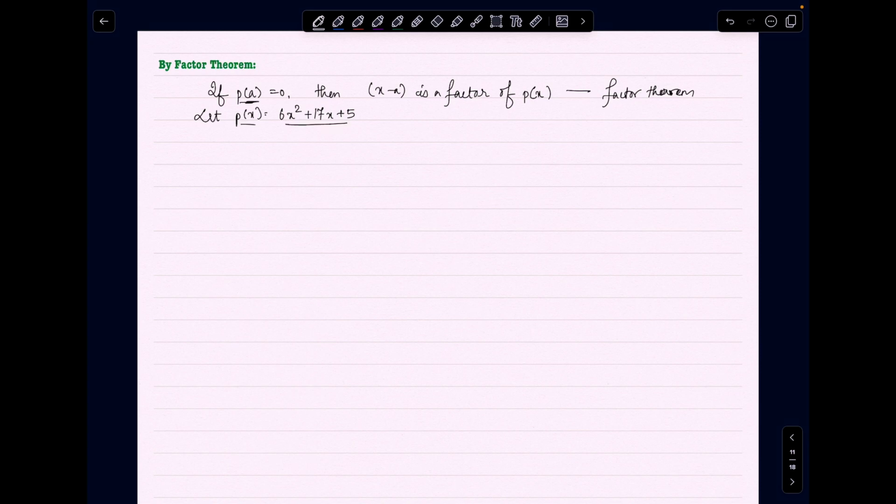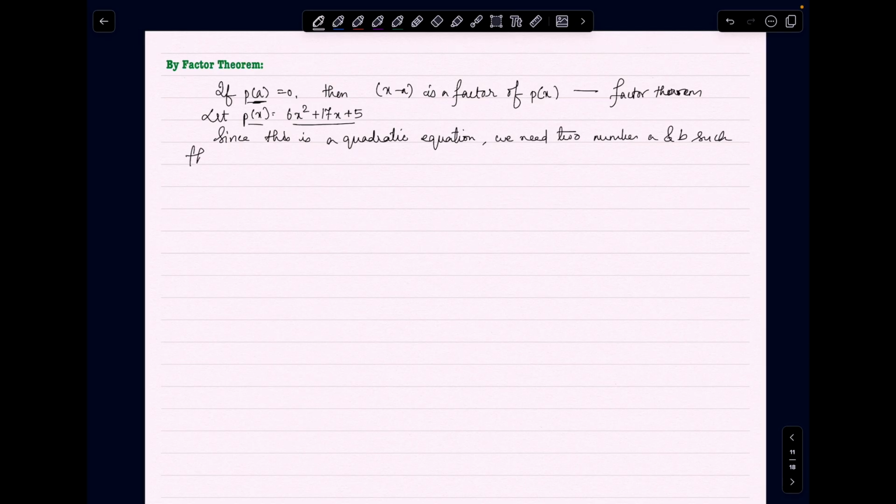Now I want to find not just A, I have to find two numbers. Since this is a quadratic equation, we need two numbers A and B such that P of A equals 0 and P of B equals 0.